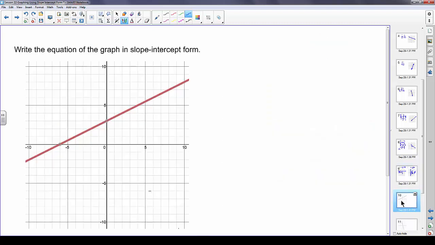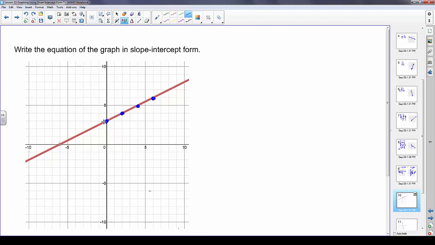So now what we're going to do is, rather than graph the equation, we're going to write the equation from a graph. So the key thing in these problems is to make sure you find an exact point that the line goes through. So you can see the y-intercept is clearly 3 in this case, and it appears that it's going through this point, etc. So to find the slope, I need to figure out how much I rise and run from one point to another.